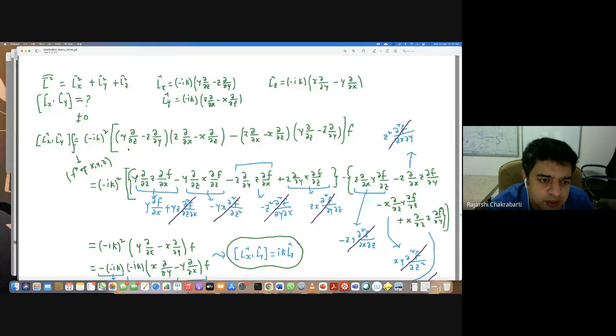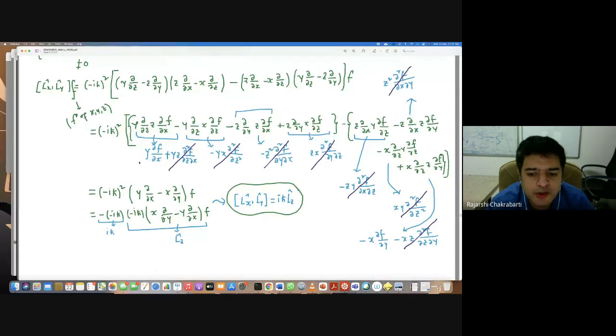And then you have LxLy minus LyLx, operating on a function f of x, y, z. If you do the algebra, you will see that this is equal to iħ Lz. So they don't commute. This is like a cyclic rule: x, y, then yx gives you Lz with iħ.